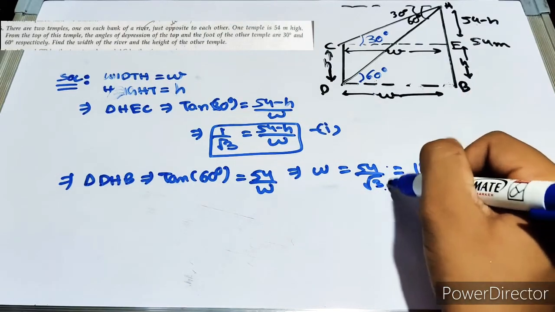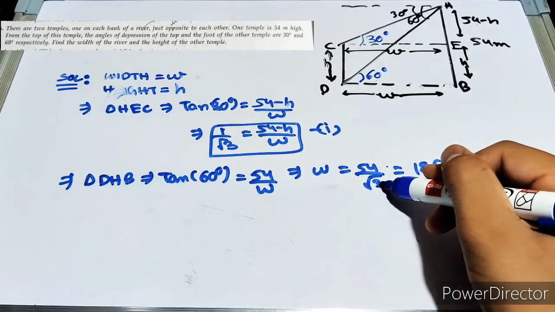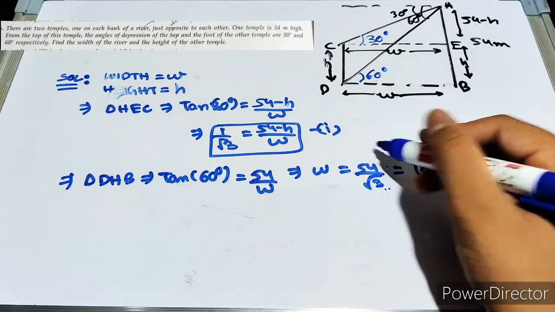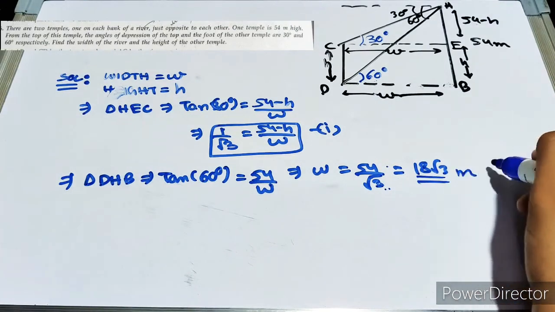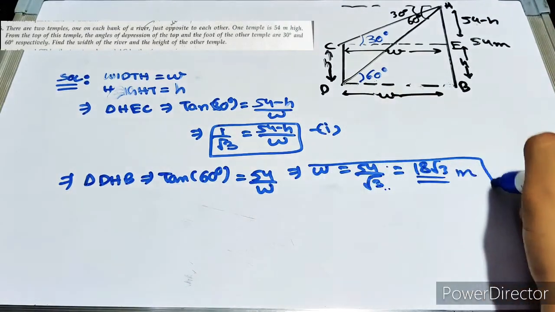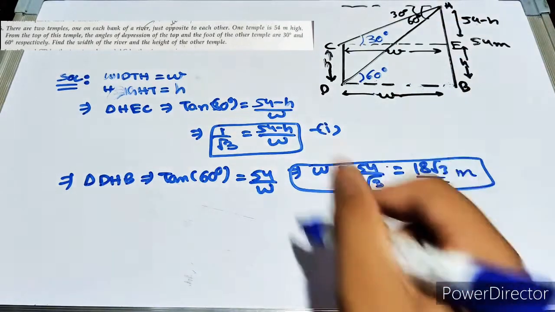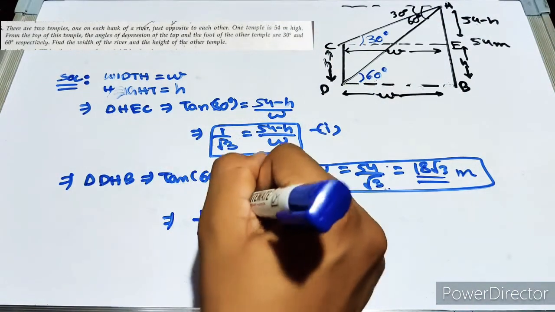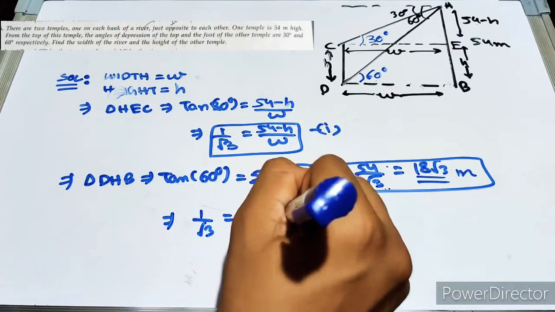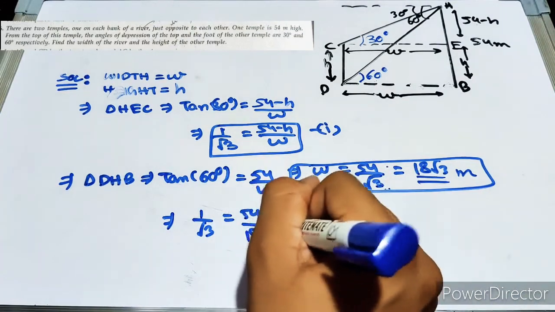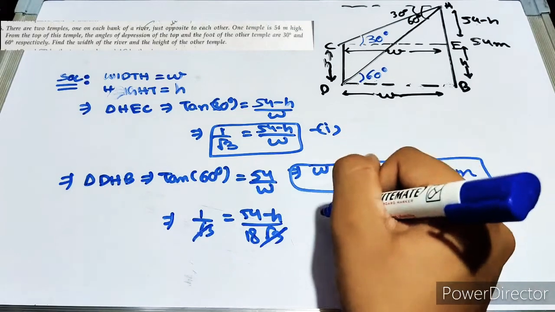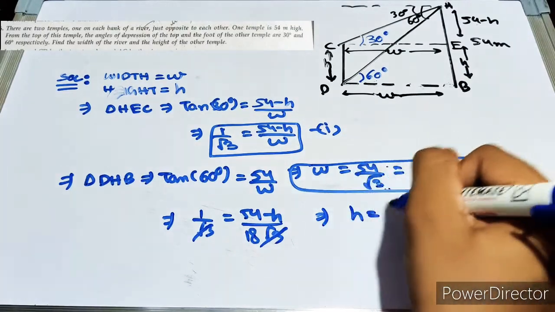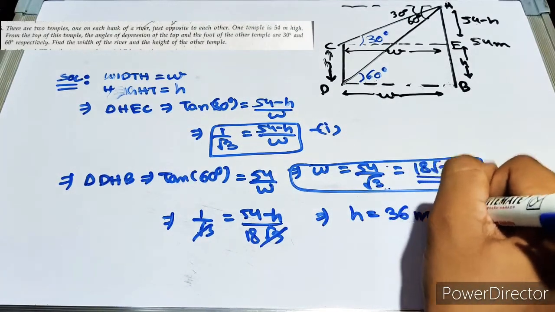We will multiply root 3 rationalizing, so this will become 3, and 3 18s are 54, so it is 18 root 3 meters. Now we have got w. We can put this w in equation 1 to get h. So 1 upon root 3 is equal to 54 minus h upon 18 root 3. Root 3 gets cancelled, and h is equal to 54 minus 18, that is 36 meter.